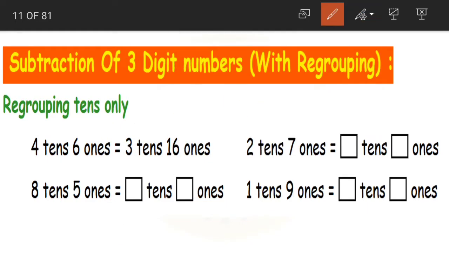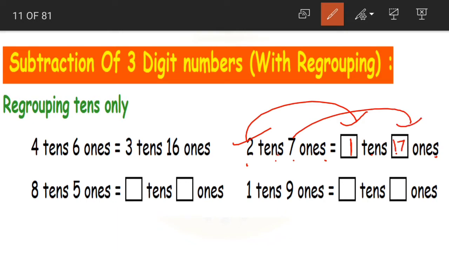Yes children, let us look at another example. 2 tens, 7 ones. Now what will this become? 2 minus 1, 1, and this 1 will be placed in front of 7. So 17. Yes children, 2 tens become 1 ten and 7 ones become 17 ones.